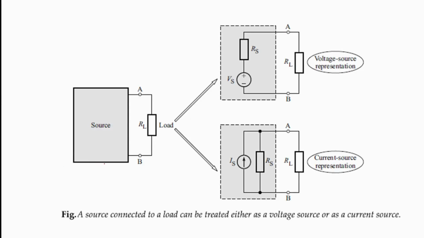So you can represent the source with respect to the load in this way. The voltage source is represented as a voltage source in series with resistance, and the current source as a current source in parallel with resistance. So this is the practical representation of the voltage source and current source when connected to the load.